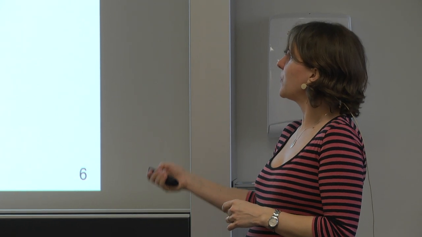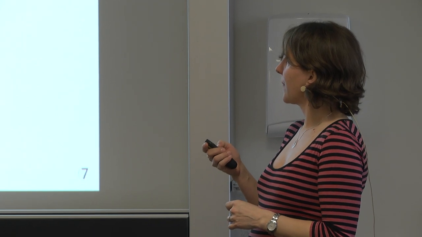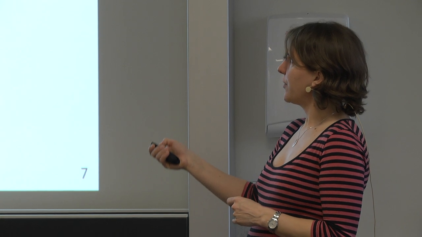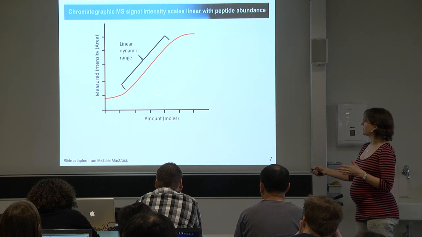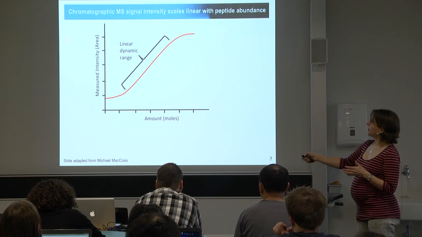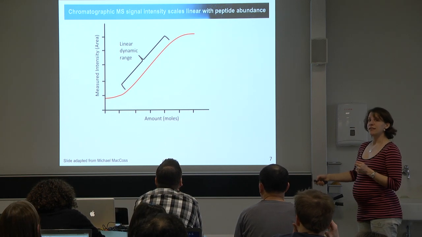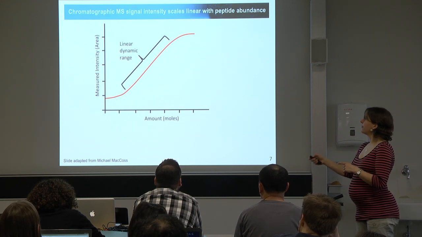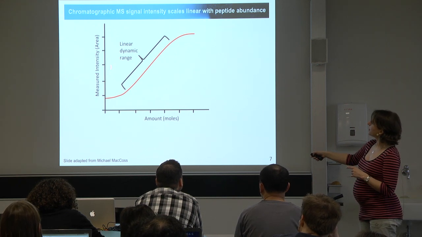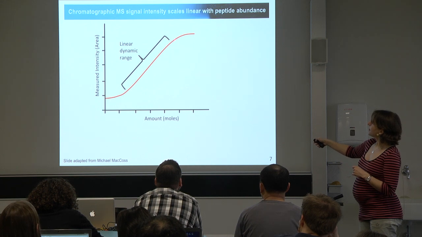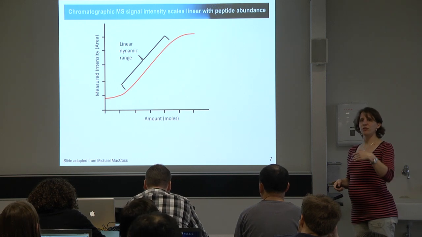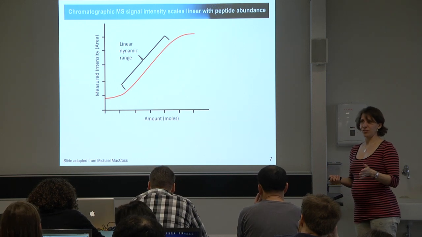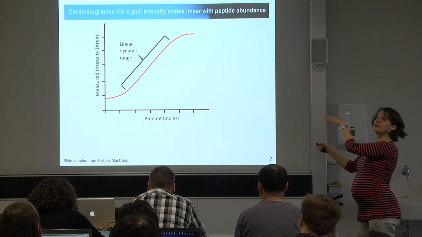However, there's a problem with this range of linearity, because it only holds true in a certain concentration range, as well as in a certain intensity range. Whenever you come above this range, at the higher end, this curve actually flattens out, because at a certain moment you run into problems with detector saturation. That means even though your concentration gets higher, the detector just cannot detect more, so the signal will flatten out.